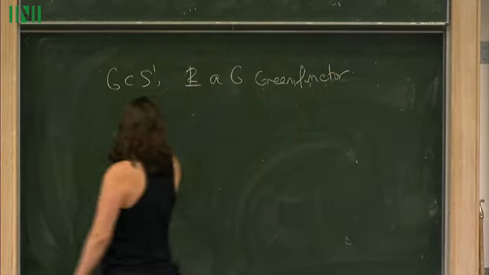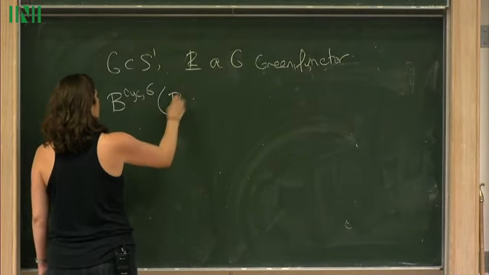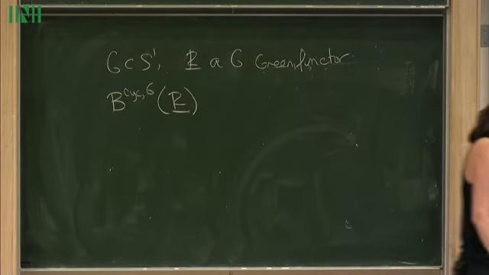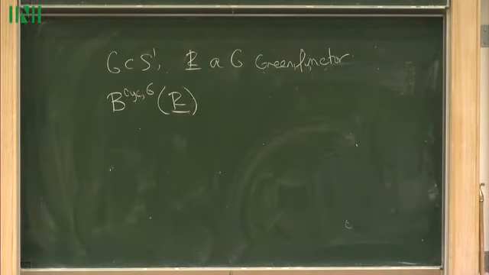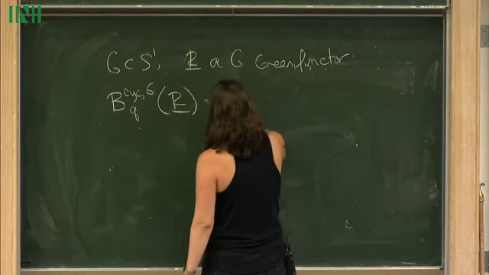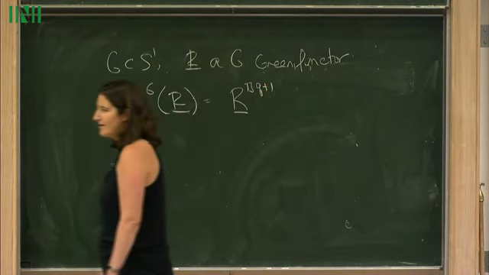I'm going to define the G-twisted cyclic bar construction on the Green functor R. If you've been paying attention, you may be able to guess how this goes. On the qth simplicial level, this should be q plus 1 box powers of R.